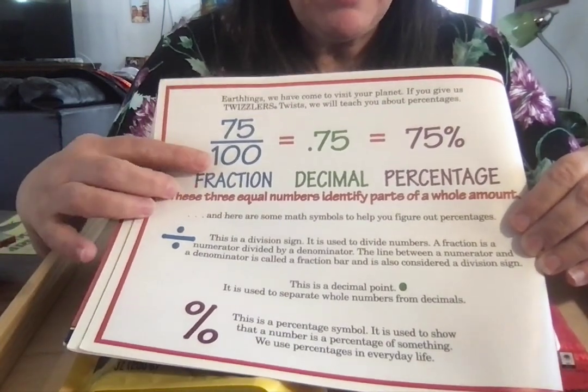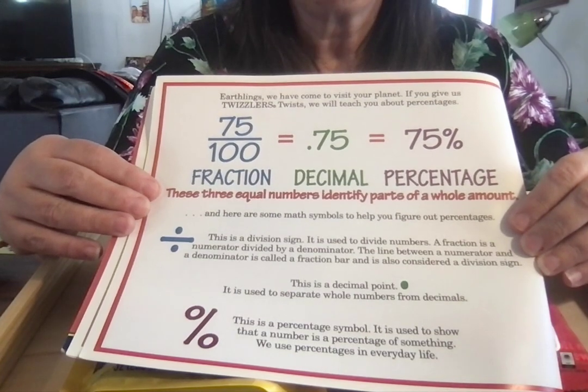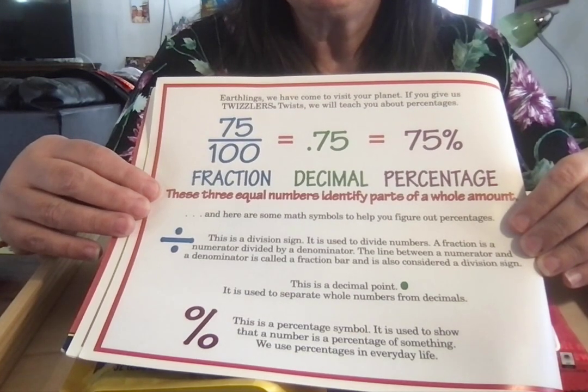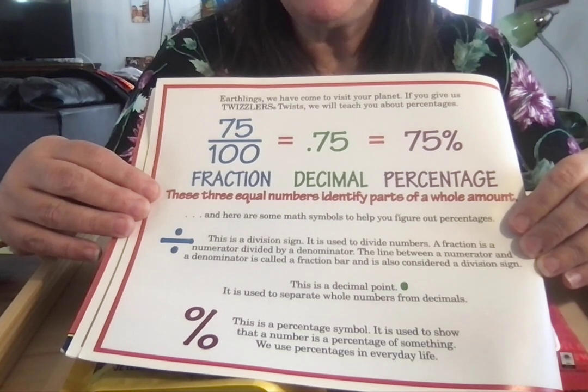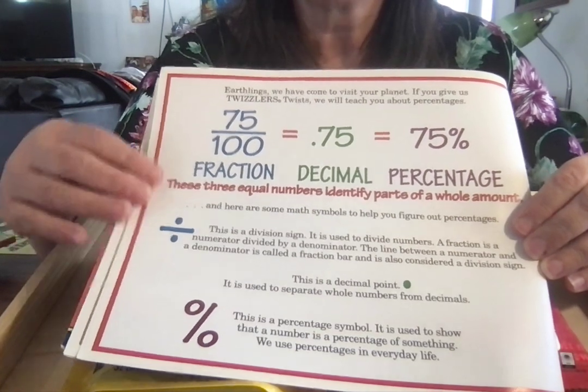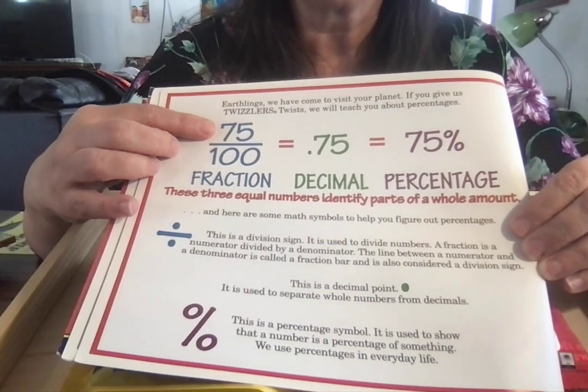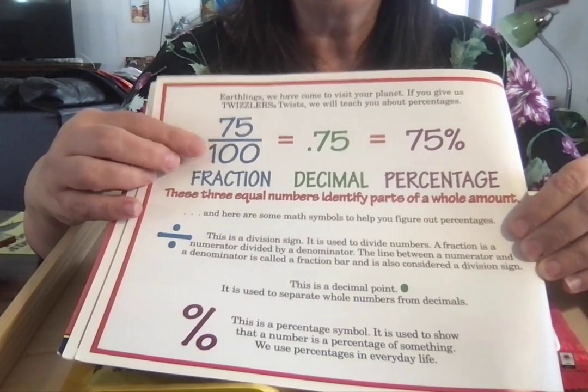Percentages, when we talk about 100, I can also use my money. 4 quarters is the same as $1, or like 100%. But if I only have 3 of the quarters, it would be 75%. A fraction, I write the smaller number of the group over the whole group number.